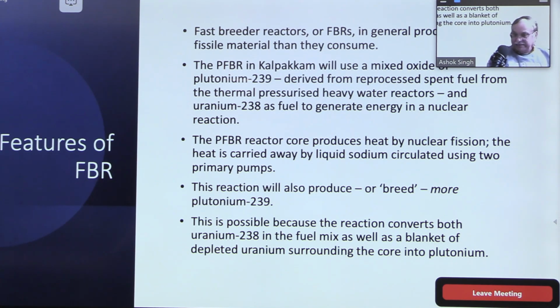Sodium metal in a liquefied form. Now notice another key feature here. Along with producing energy, at the same time, this type of reactor will also be able to convert that uranium-238 into more plutonium-239.